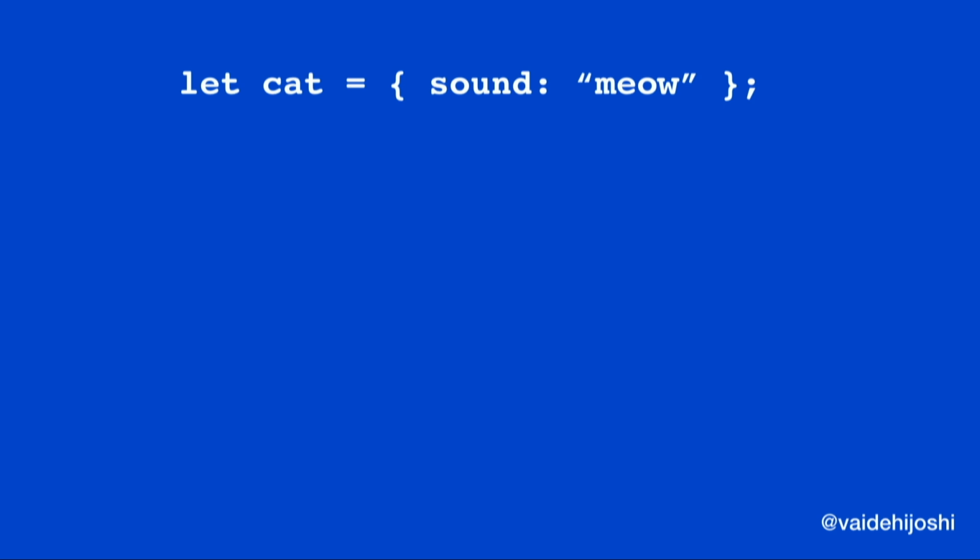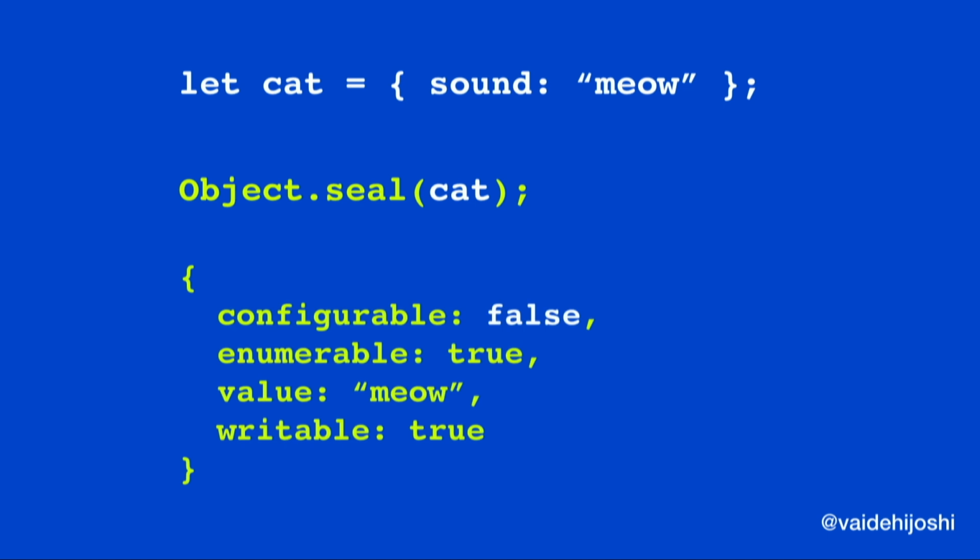For example, if we sealed our cat object, then every property on this object would have its configurable property descriptor set to false, but we could still write to it. So this is the idea of being able to modify the value of something that was pre-existing, but I can't add to it and I can't remove from this object.